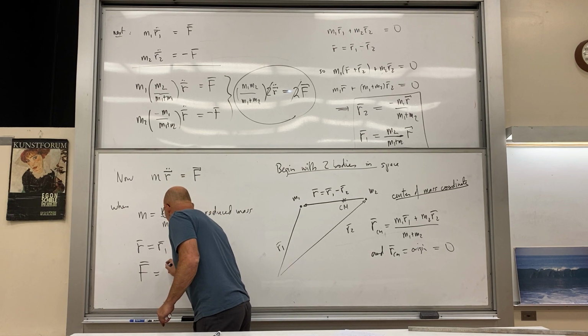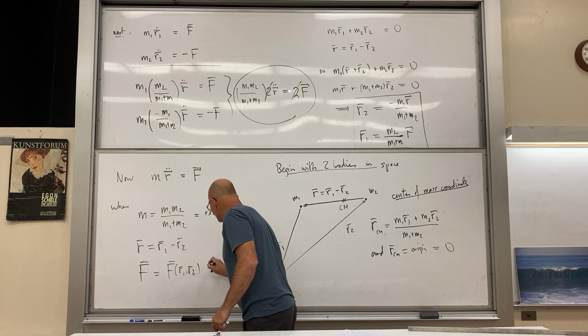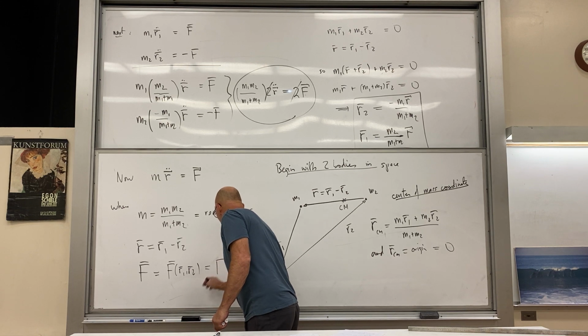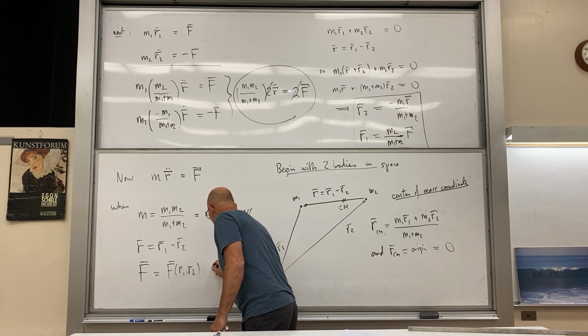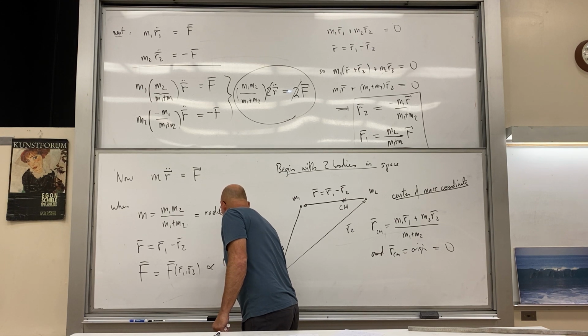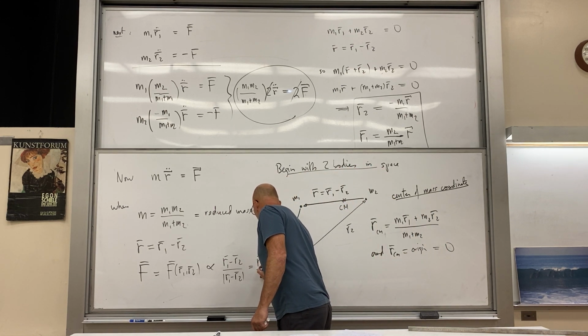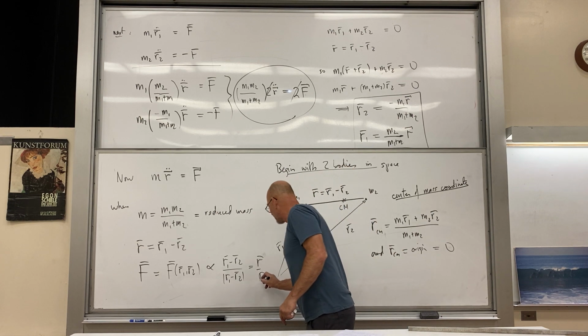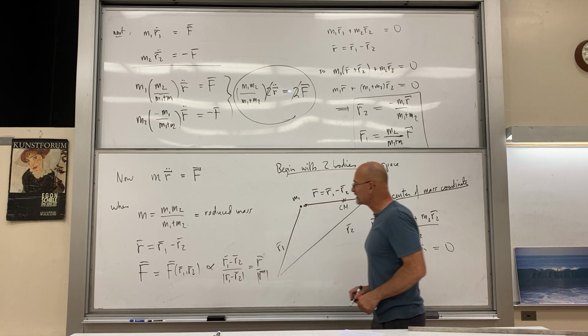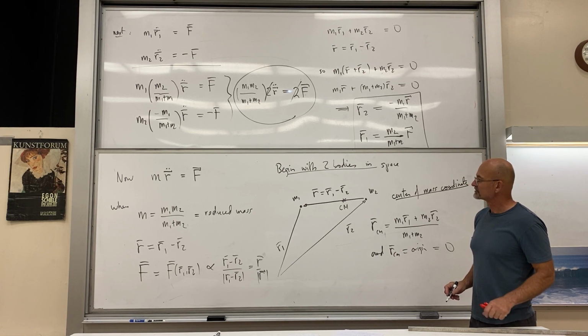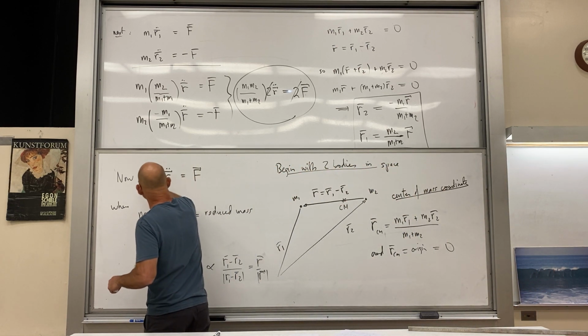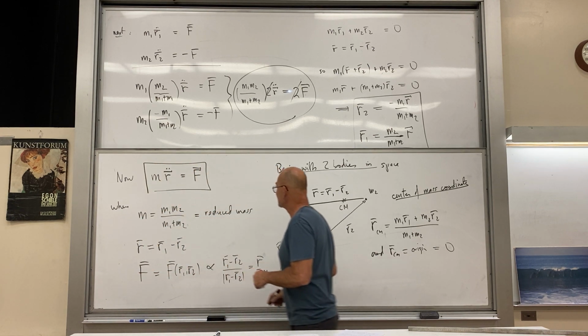The force is a function of R1 and R2, but it has the form that it's going to be proportional to R1 minus R2 divided by the magnitude. So that's just a unit directional vector, which is R over magnitude R for the moment. So that's your central force type of problem. It has just simple Newton's law here.